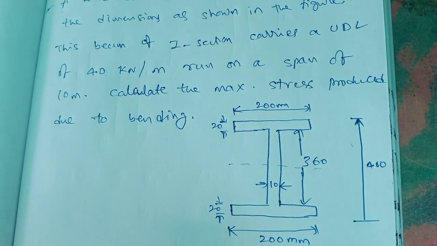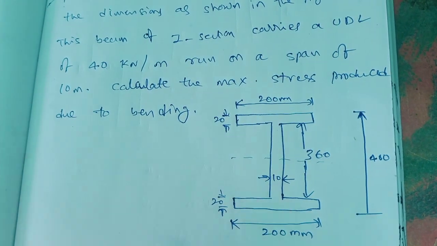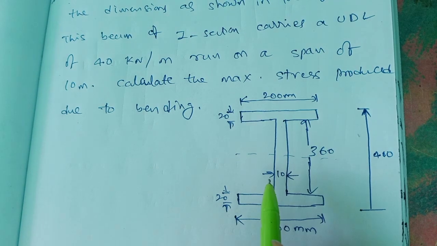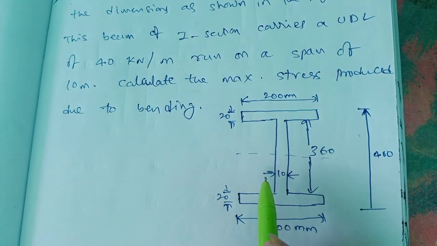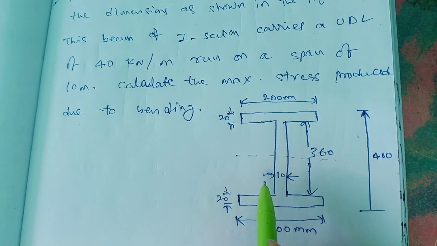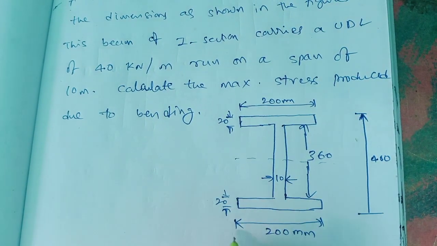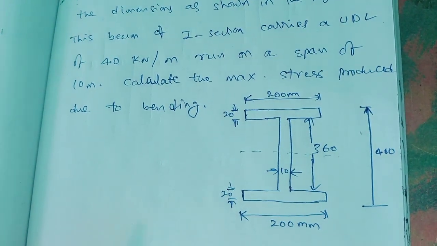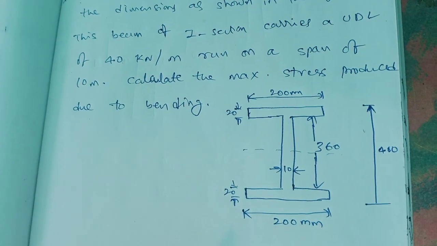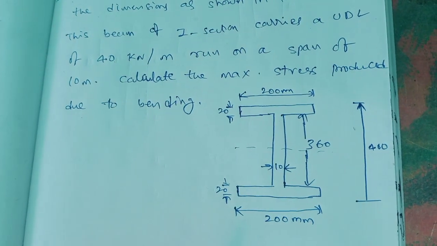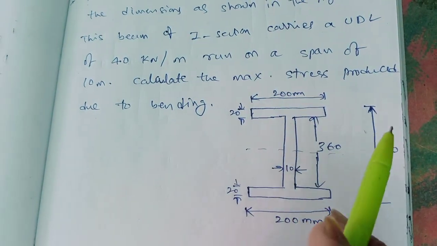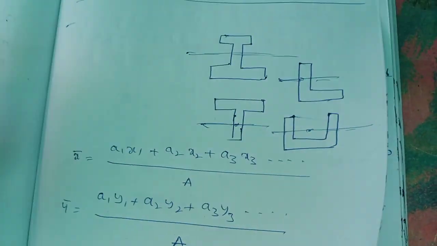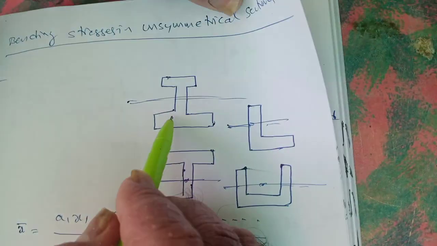Okay, so this is a symmetrical diagram. The neutral axis passes through the geometrical center of the section, because the top and bottom dimensions of the section are the same.